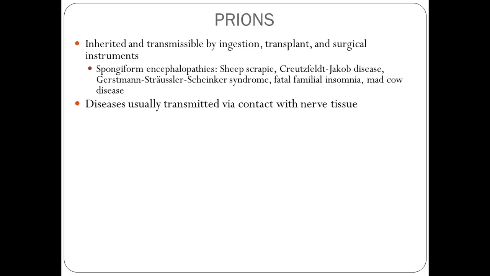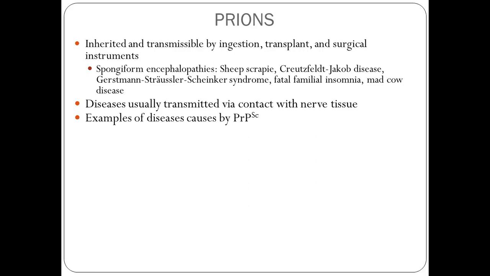Prions are inherited and transmissible by ingestion, transplant, and surgical instruments. So you have spongiform encephalopathies: sheep scrapie, Creutzfeldt-Jakob disease, Gerstmann-Sträussler-Scheinker syndrome, fatal familial insomnia, and mad cow disease. These diseases are usually transmitted via contact with nerve tissue.